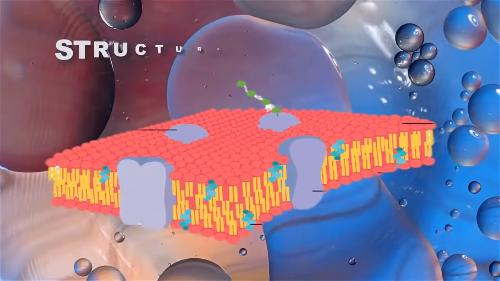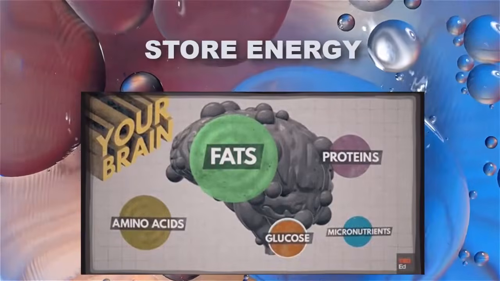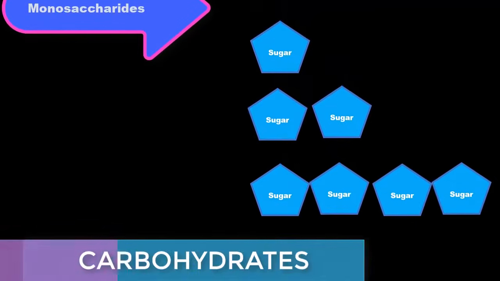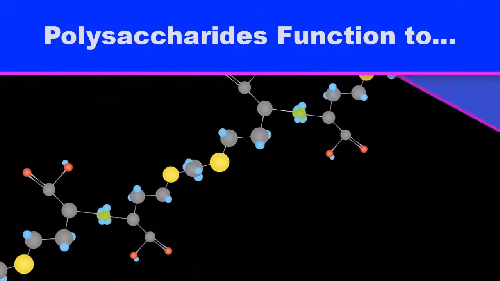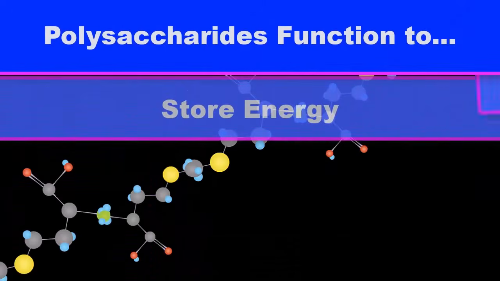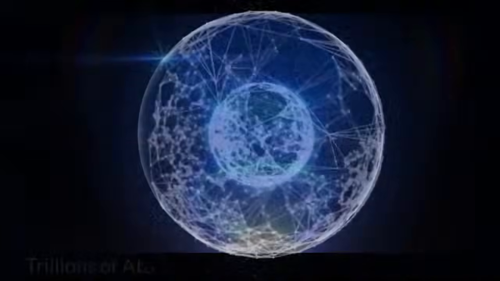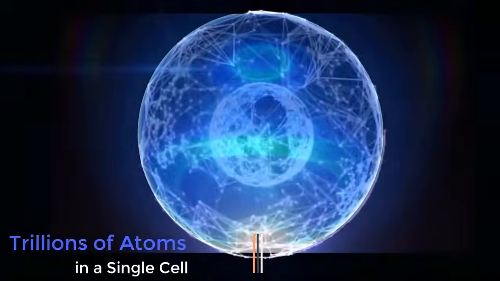They serve as structural components of the cell, they act as energy storehouses, and they function as important signaling molecules. Carbohydrates are sugars, including monosaccharides, disaccharides, and polysaccharides. Polysaccharides are used for storing energy, for cellular messaging, and for supporting the cells and tissues. It takes trillions of atoms and molecules to make one single cell.